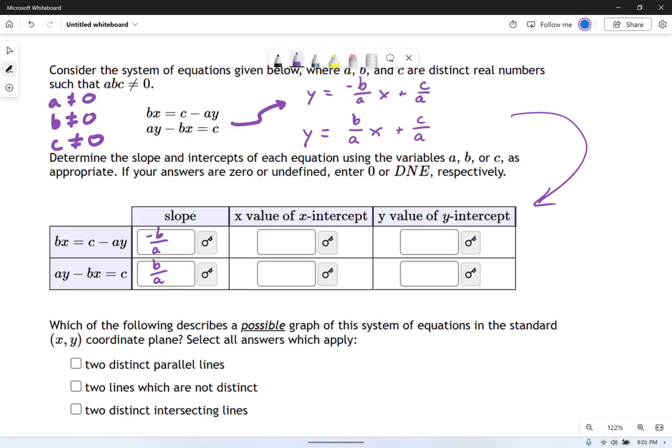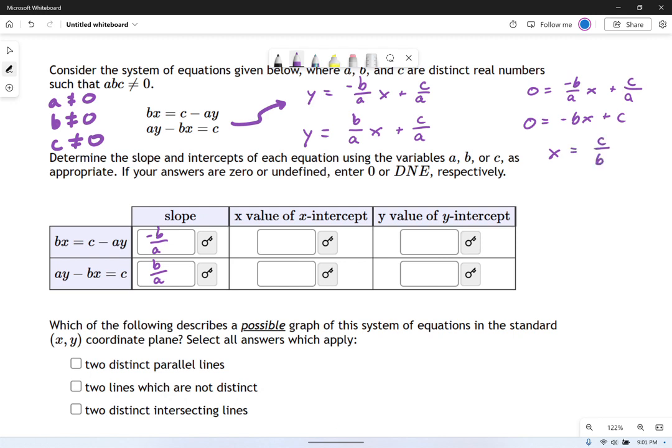The x-intercepts we find by setting y equal to 0. So if I set y equal to 0 on the first one, I get 0 equals negative b over a, x plus c over a. I multiply both sides by a, and I get 0 equals negative b, x plus c. I add c divided by negative b, I get x equals c over b.